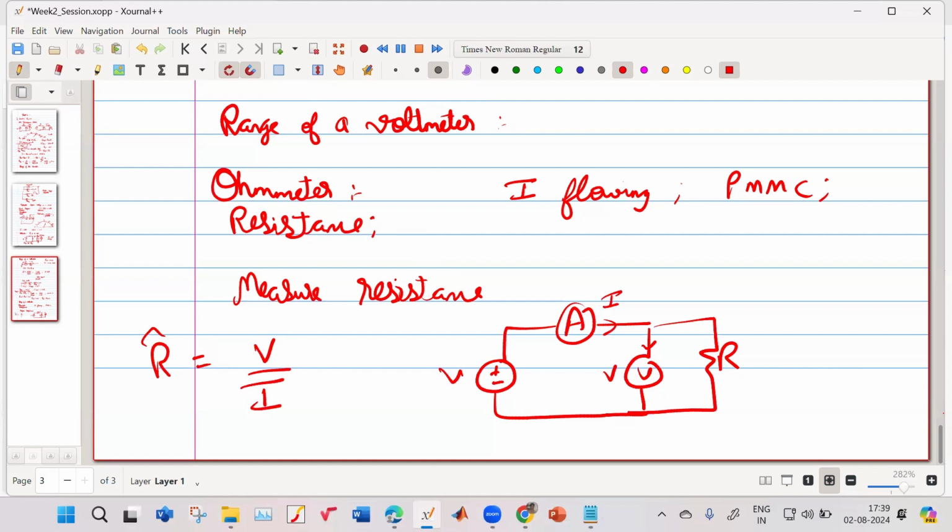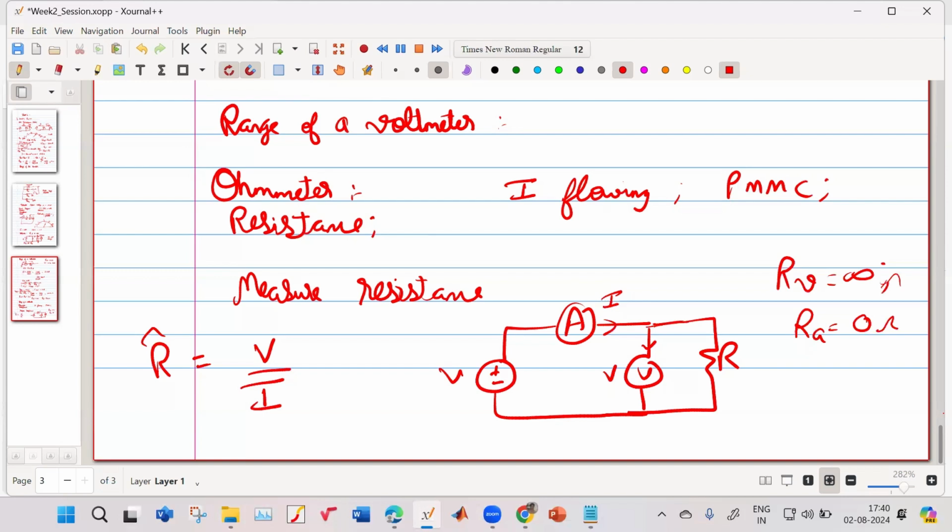This is in the ideal scenario, where you assume that your voltmeter is ideal, that is the voltmeter resistance RV is infinity, and the ammeter resistance RA is 0. In this case your reading will be accurate, but that is not always the case.